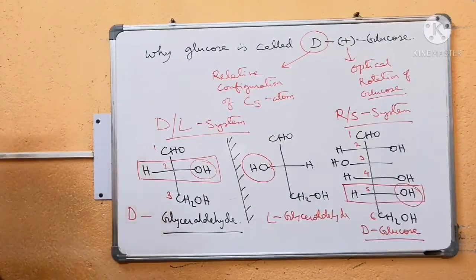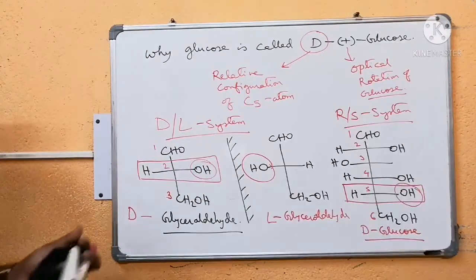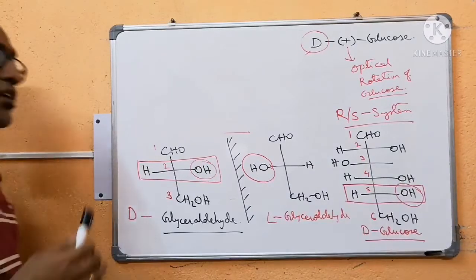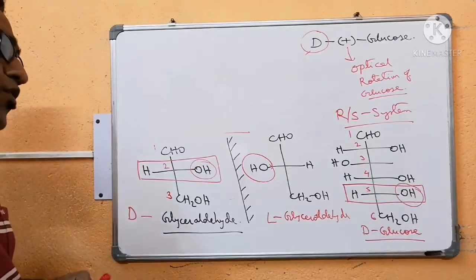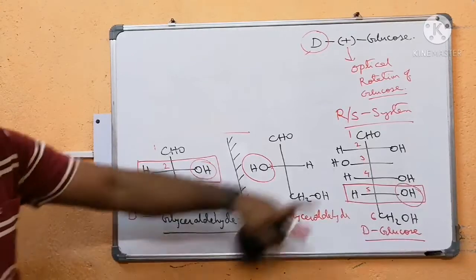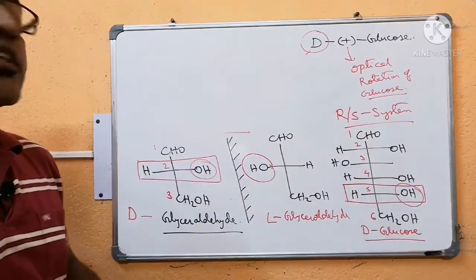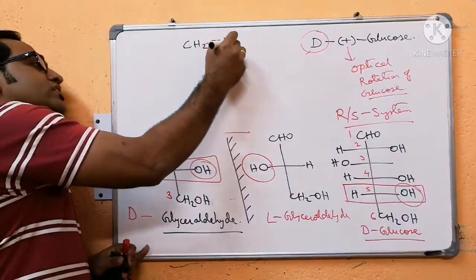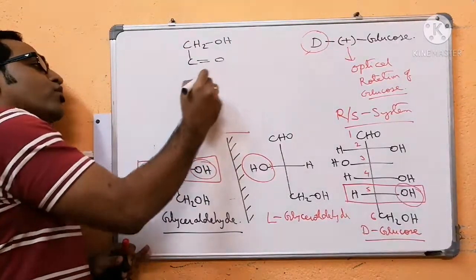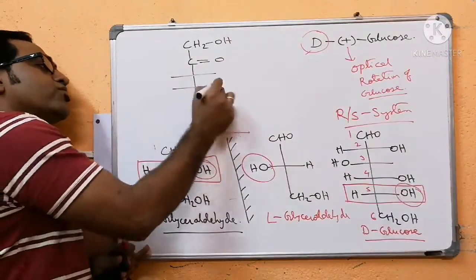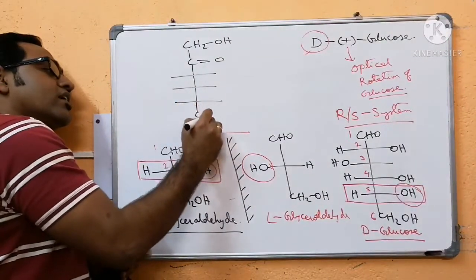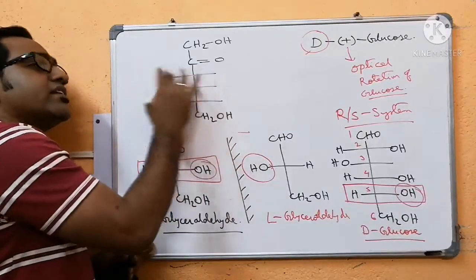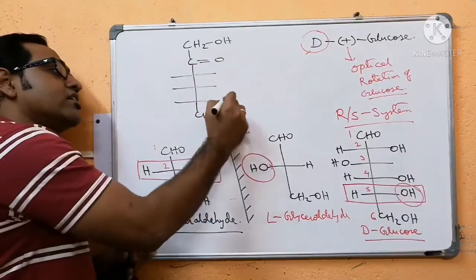Let's see the structure of D-fructose. As I told you, fructose and glucose have the same molecular formula, but glucose has an aldehyde group and fructose has a keto group. So fructose: CH2OH, C double bond O, third, fourth, fifth, and this one is the sixth. Again the same concept: right, right, left, no more right.